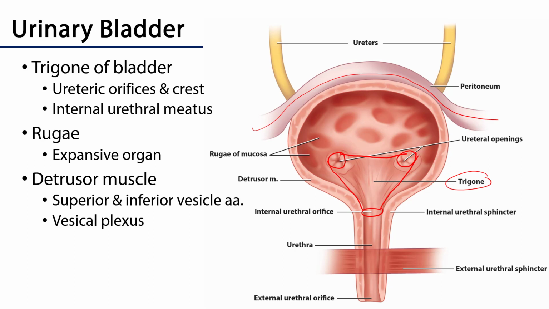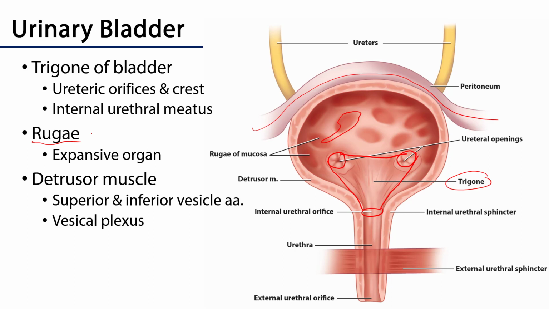Now, the bladder is a very expansive organ, and its wall is layered with smooth muscle. And so when the wall of the bladder is contracted, we see lots of ridges of mucosa, and these ridges are called rugae. And those rugae are going to disappear when the bladder expands.